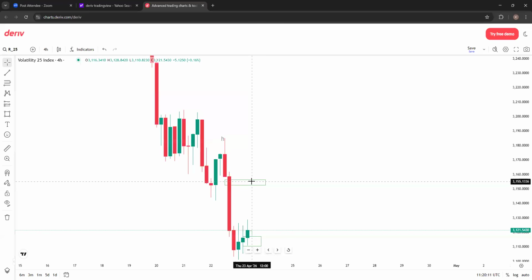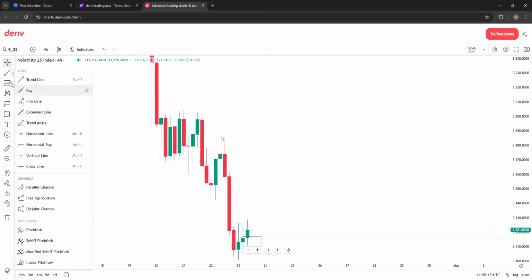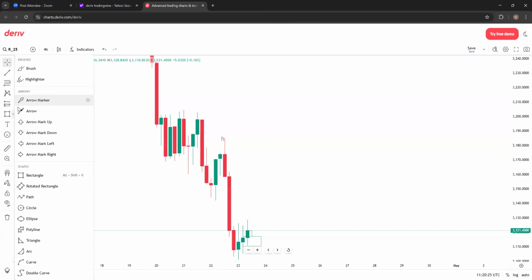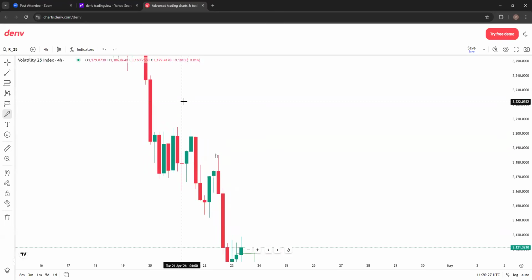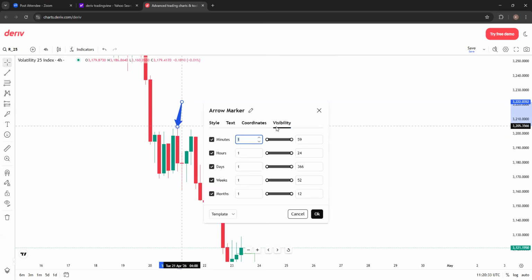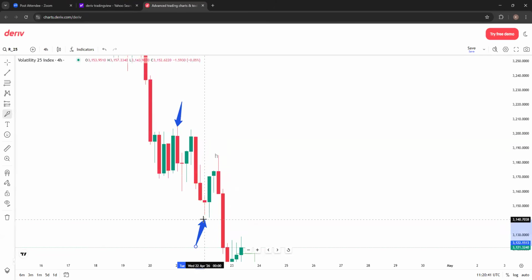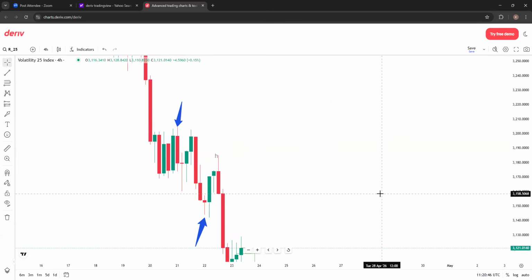This is our high. This area here is our high. Do you agree? Yes. And this area here is our low. Do you agree? Yes. But do you see where your first pointer is? Yes.